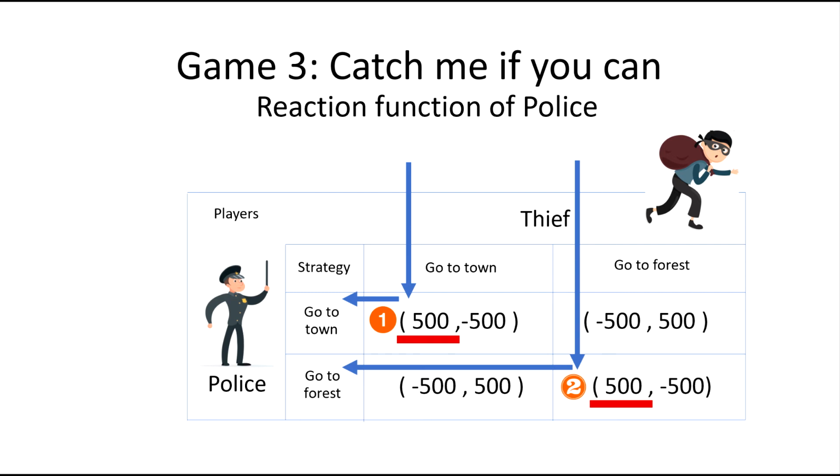And if the thief goes to the forest, the police think again. If he goes to town, he will lose 500. But if he goes to the forest, he will get 500. Therefore, the ration function of the police is, if the thief goes to the forest, then the police goes to the forest too.